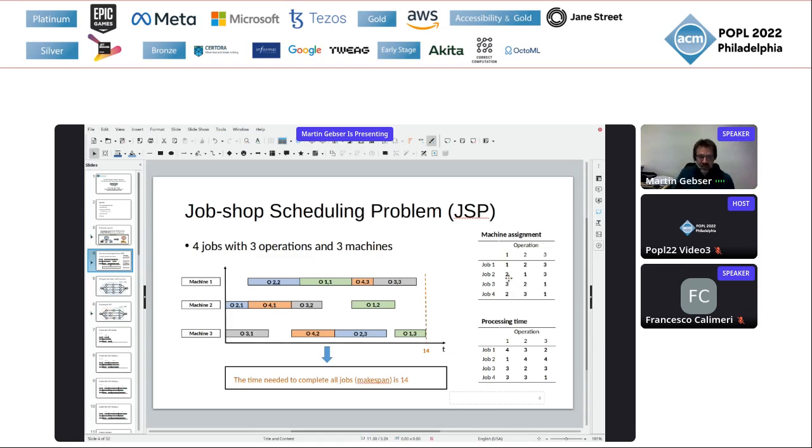So for the second job, the first operation goes to machine 2, then 1 and 3. We also get operation times: here it's time 1, the second operation takes 4 time units, and again 4. We can have any number of jobs like this. For simplicity, each job uses each machine in some order for some operation and for a given time.